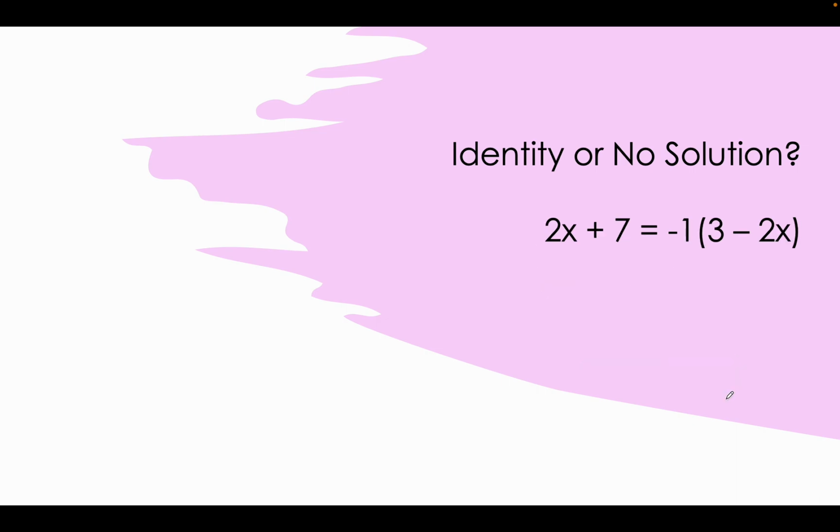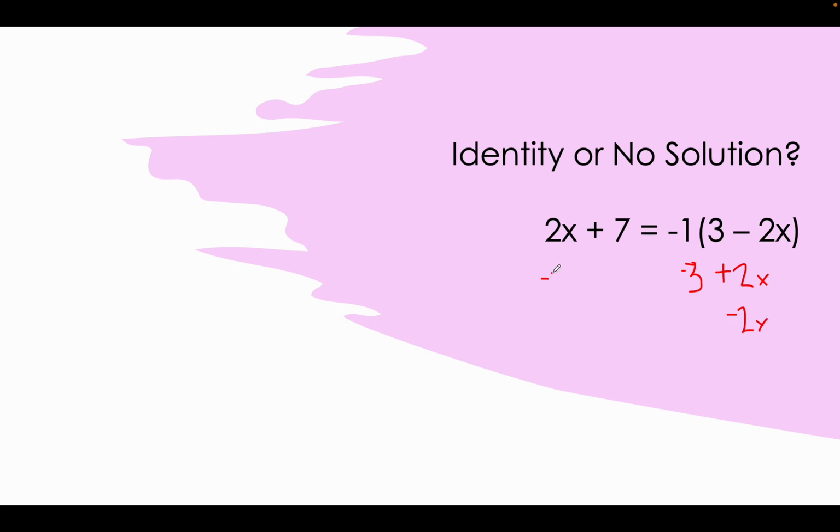All right, let's check out another one. Identity or no solution? Let's get rid of the parentheses again. -3. -1 times -2 is actually +2. All right, so I am going to get my x's onto this side over here. So I'm going to subtract 2x.